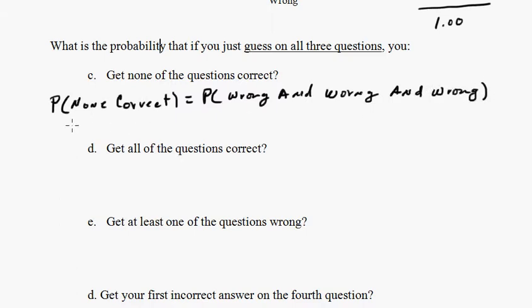So that's equal to the probability of wrong times the probability of wrong times the probability of wrong.